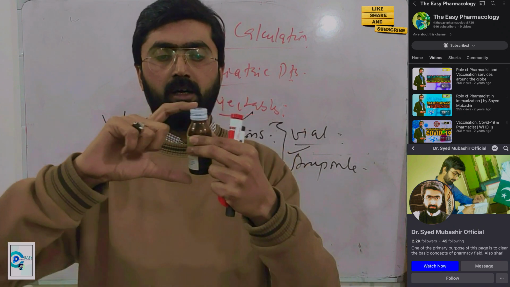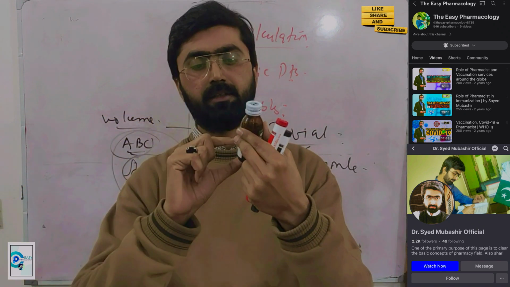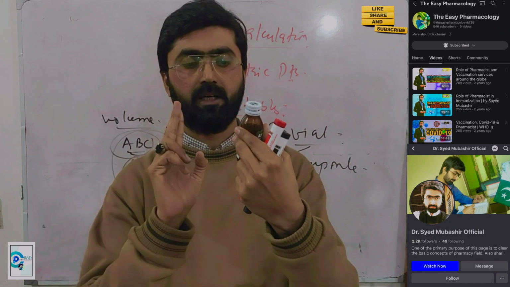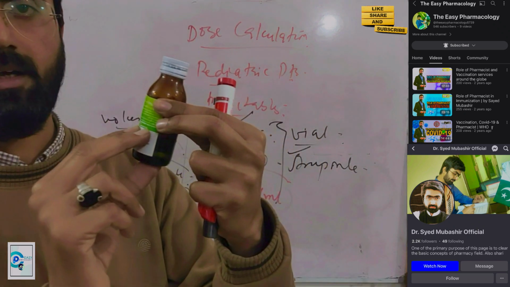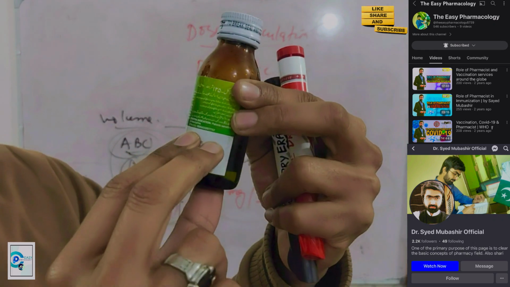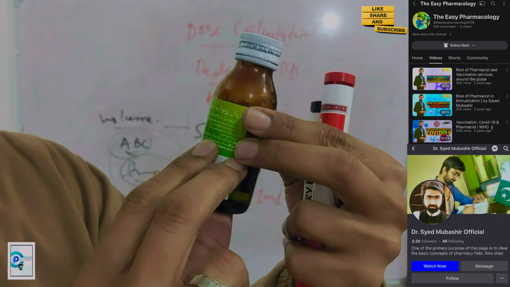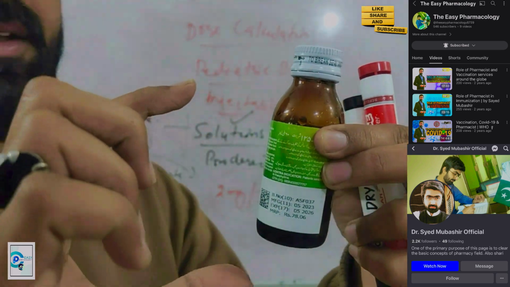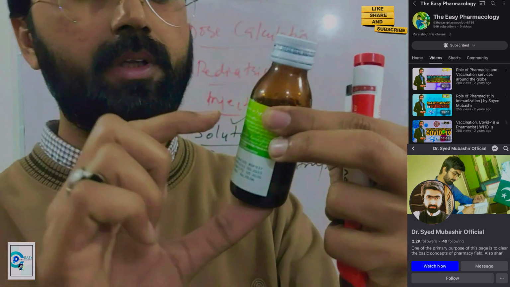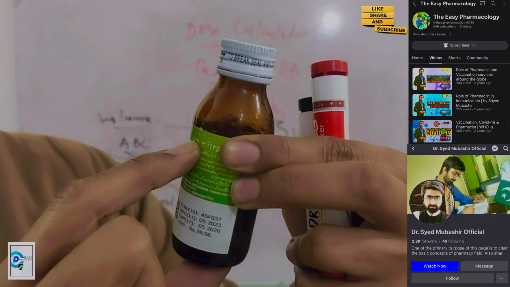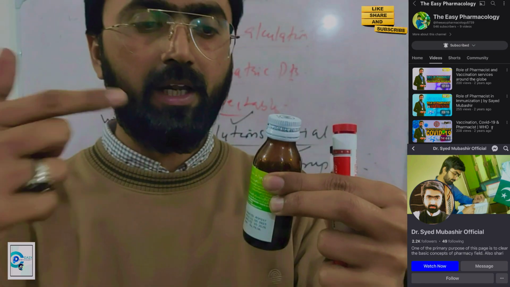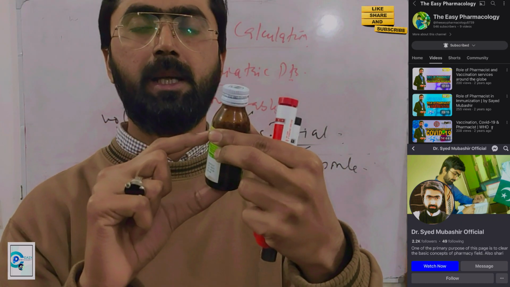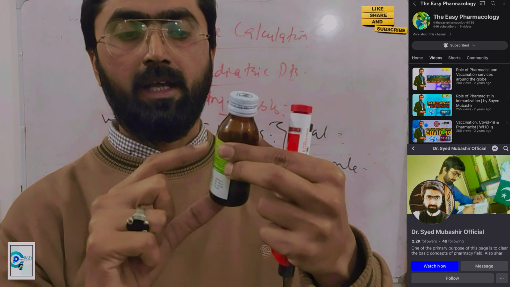Number one, this is a container, a bottle of syrup. Two things are written on it. Number one, I'm bringing this close to the camera: the total quantity of the syrup contained in this bottle is 60 milliliters. That is, the total volume of the syrup in this bottle is 60 milliliters. This is one thing.